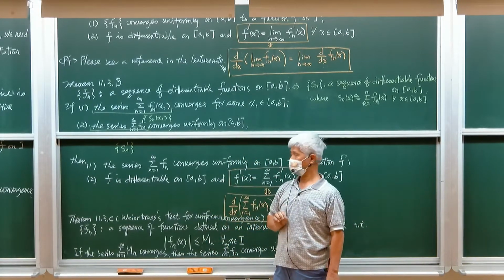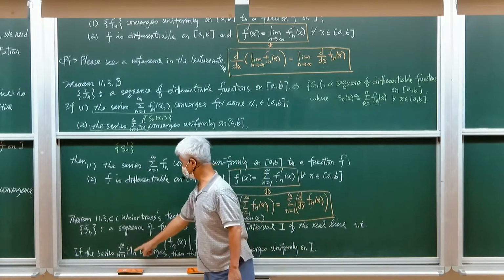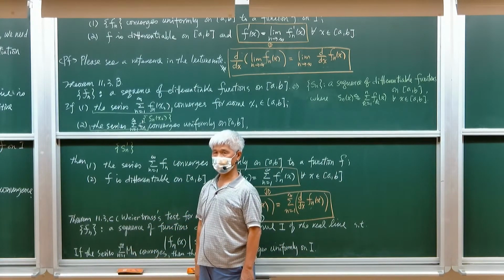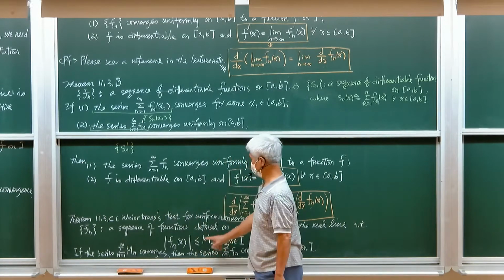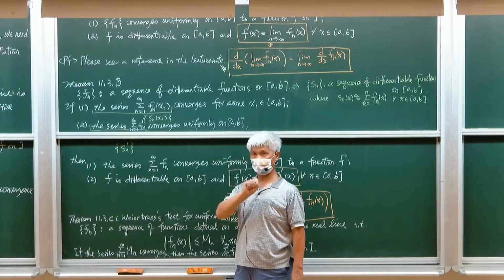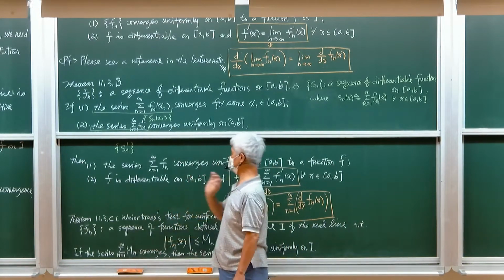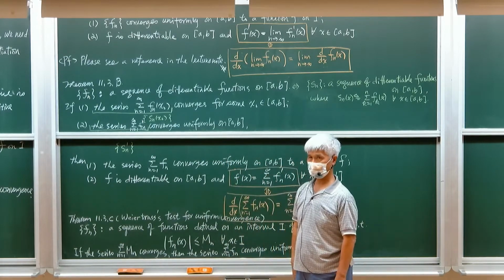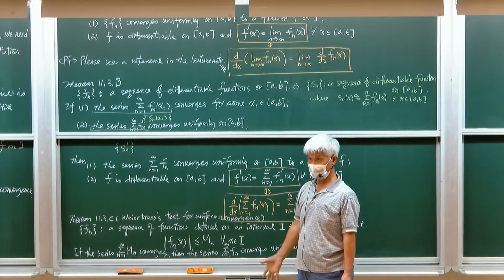And then check whether this series sum is finite or not. Use the upper bound to form a series and check whether the series sum is finite. If it's finite, then this is true. And that's easy, right?